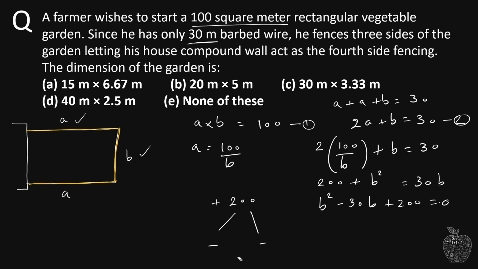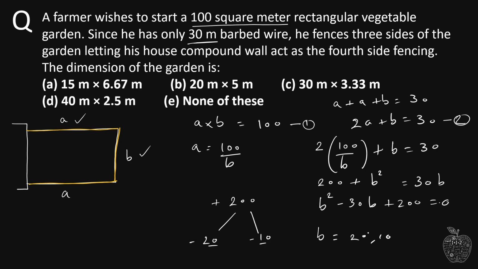I can simply take two values as 20 and 10. 20 into 10 is 200. Now we need minus 30, so I'll write minus 20 and minus 10. Minus 20 plus minus 10 is equal to minus 30, and minus into minus is plus, so minus 20 into minus 10 is plus 200. So we have got the values, and we can simply take the factors as B is equal to 20 and 10.